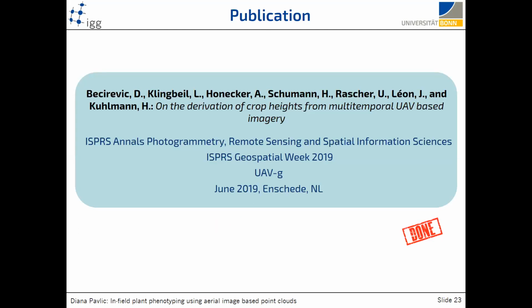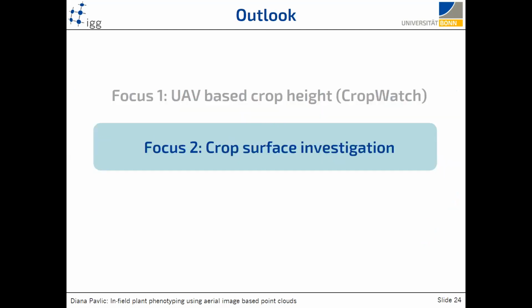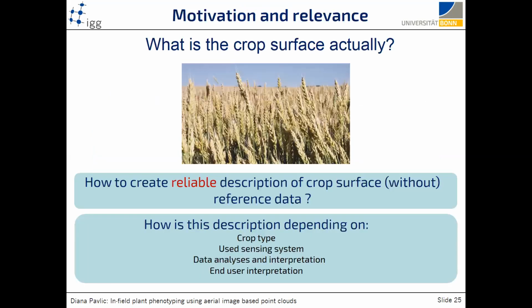Conclusions and investigation regarding crop height estimation using RGB UAV data were published during the Geospatial Week last year. But this investigation also opened some questions regarding the crop surface itself. What is the crop surface actually? How do we create a reliable description of the crop surface when we don't have reference data?